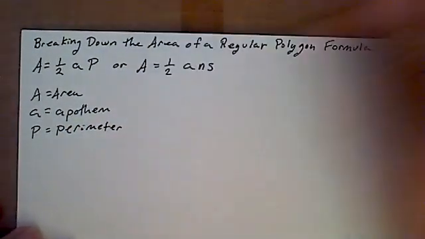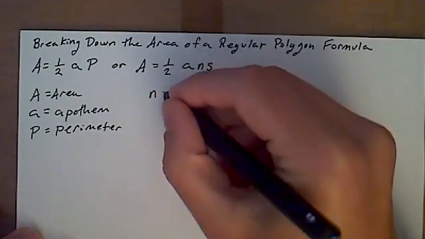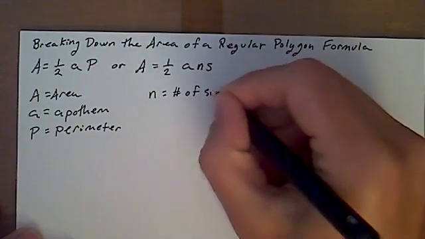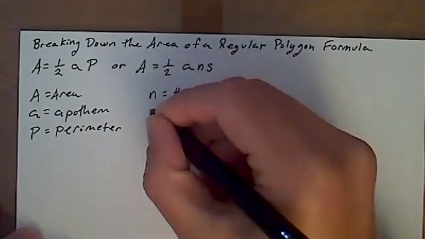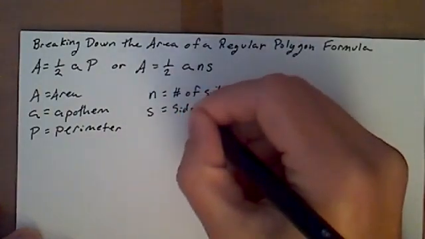Or we can look at it this other way. The two A's are still the same. N is the number of sides of the polygon, and S is the side length.